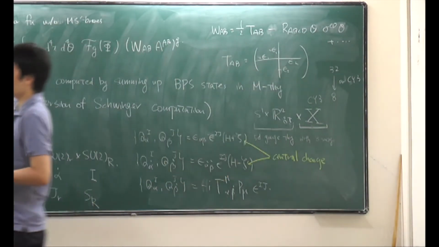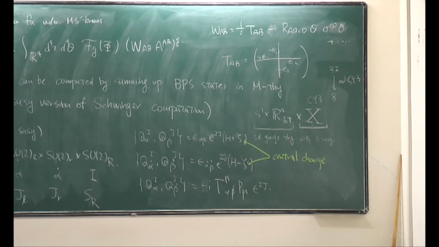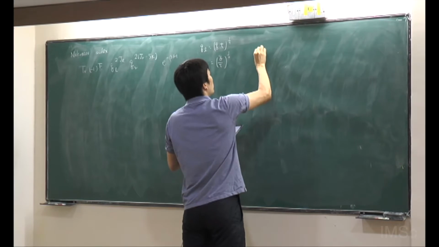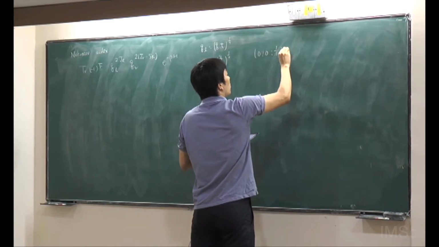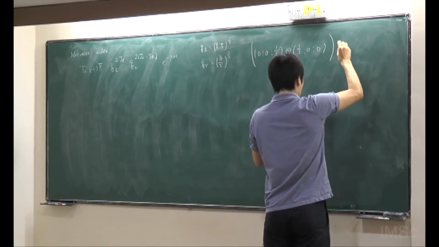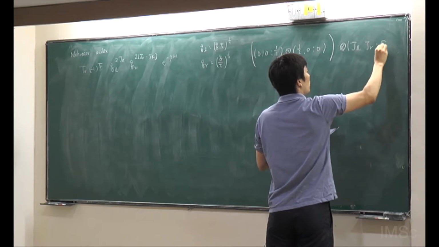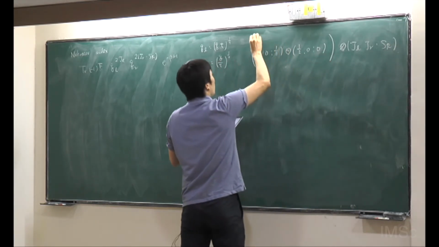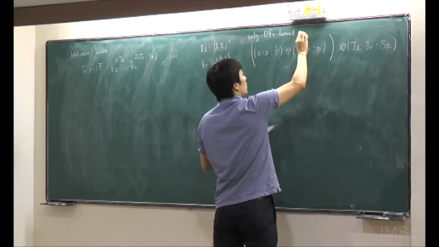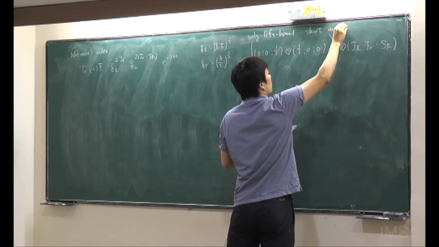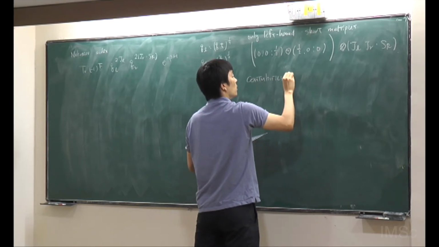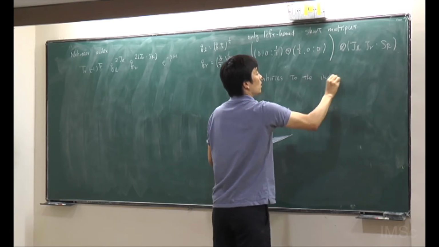Okay, and as I explained to you, the BPS states that contribute to the index are only the left-handed short multiplets, (0,0,1/2) plus (1/2,0,0), in terms of J_L, J_R, and S_R. So only the left-handed short multiplet contributes. Okay.